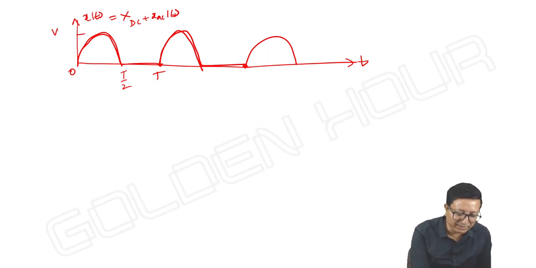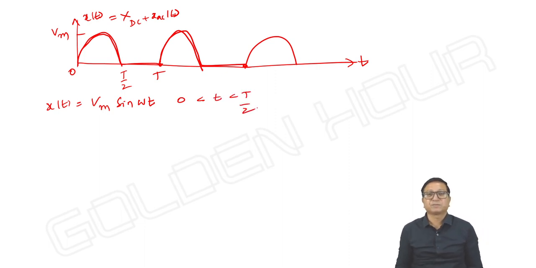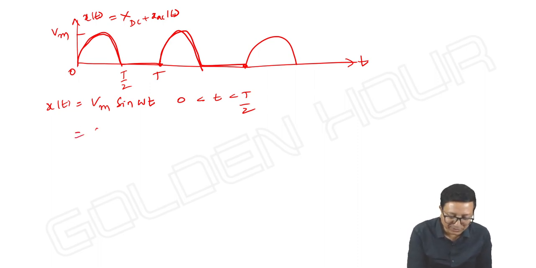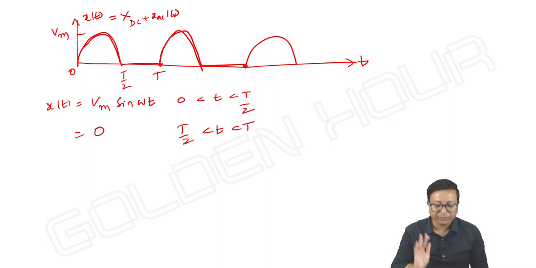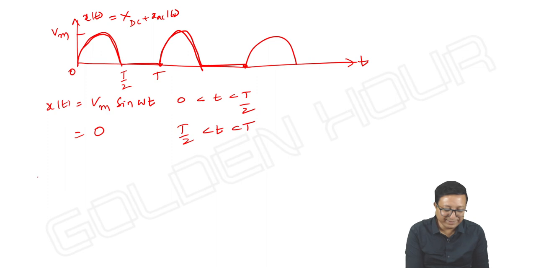It is given that the peak is Vm. Then x of t is equal to Vm sine omega t over the interval 0 to T by 2, and it is equal to 0 from T by 2 to T. Then what is its average amplitude?